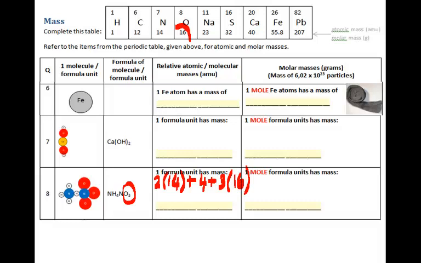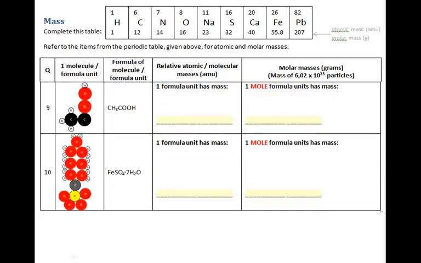We add 4 plus, open our brackets, 3 times 16, close bracket, equals 80 atomic mass units. That is the mass of one formula unit. 6,02 times 10 to the power 23 of these formula units will have a mass of 80 grams. That's the molar mass of ammonium nitrate. You try this yourself before I show you the answer.